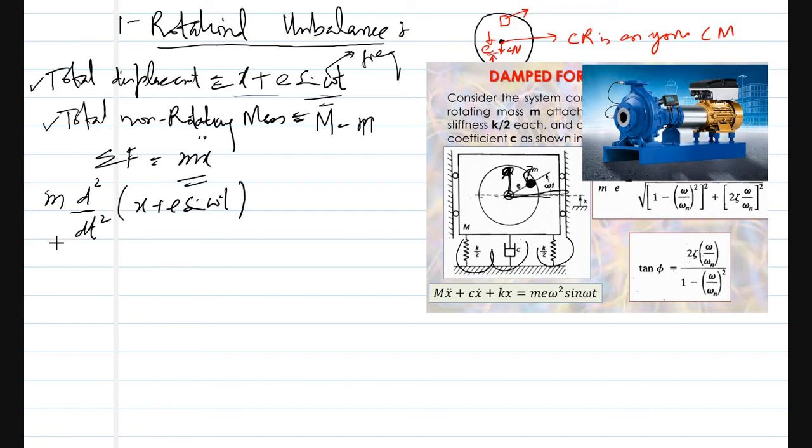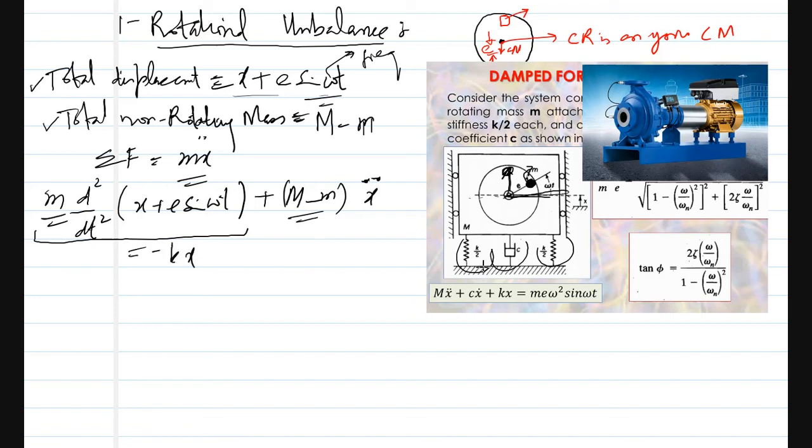This inertial force is due to the rotating mass, and the second inertial force is due to the non-rotating mass. You have to just understand it. The first inertial force is due to the rotating mass. That's why we multiplied it only with small m, which is the rotating mass. The second inertial force is due to the non-rotating mass, capital M minus m, and it is equal to minus kx.